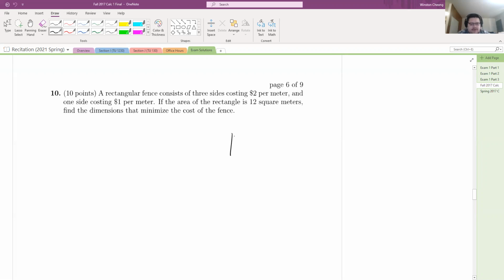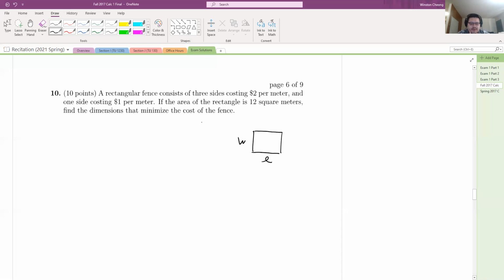So we have a rectangular fence, 3 sides, and the area. Let's make that look a little bit better. So how do I want to do this? Well, we have a length and we have a width, and 3 of them are going to cost.